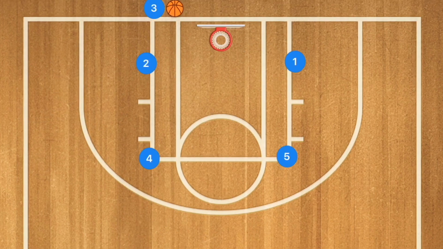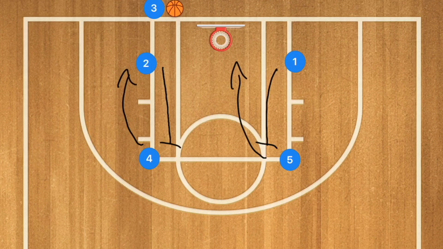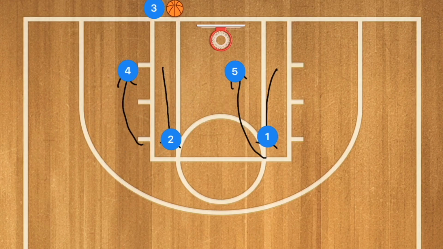Now, for our baseline inbounds play, we're going to be running a few different ones, but our first one that we are learning is box 1, where we are going to be setting screens up, and then players 4 and 5 will be cutting down towards the basket. We have to wait for these players to set those screens, and then player 4 and 5 will then cut down.